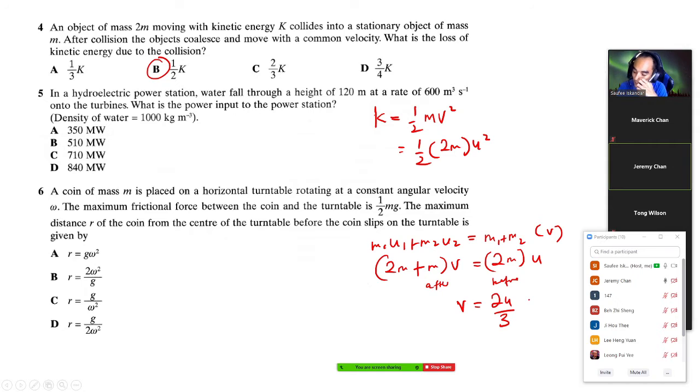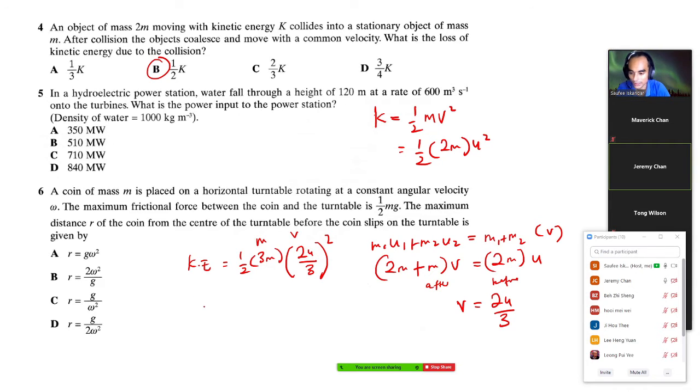So how much is the kinetic energy? Kinetic energy is 1 over 2 times 3m times 2u over 3 squared, where this is m and this is v.